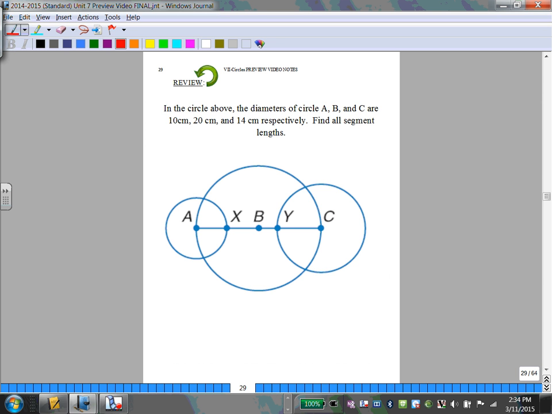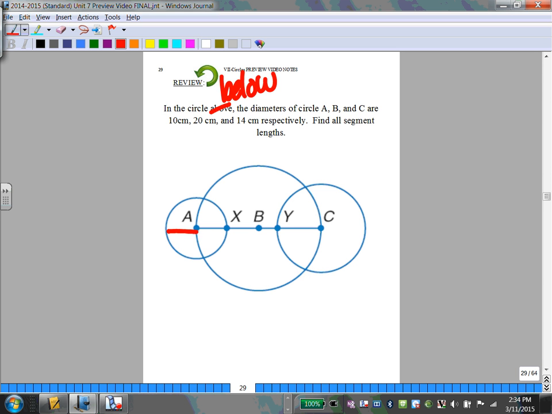It says in the circle below, the diameters of A, B, and C are: A is 10 centimeters, and that's the diameter.